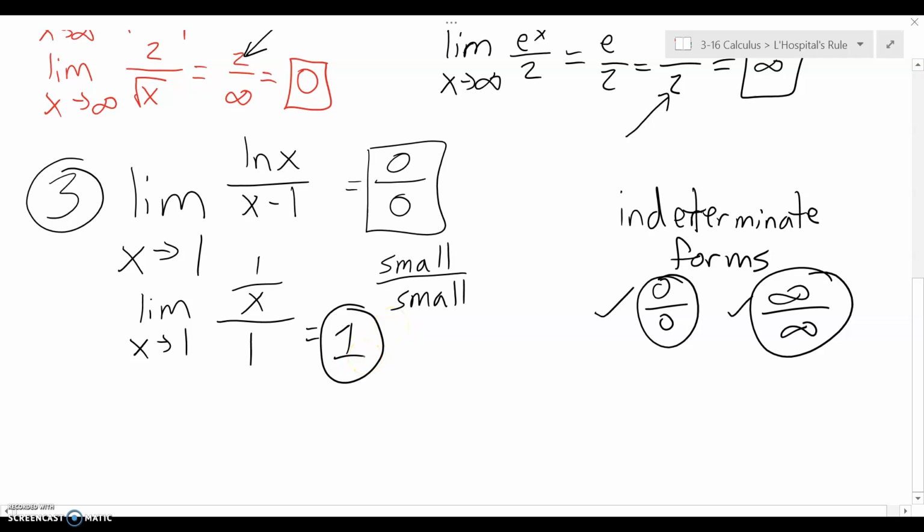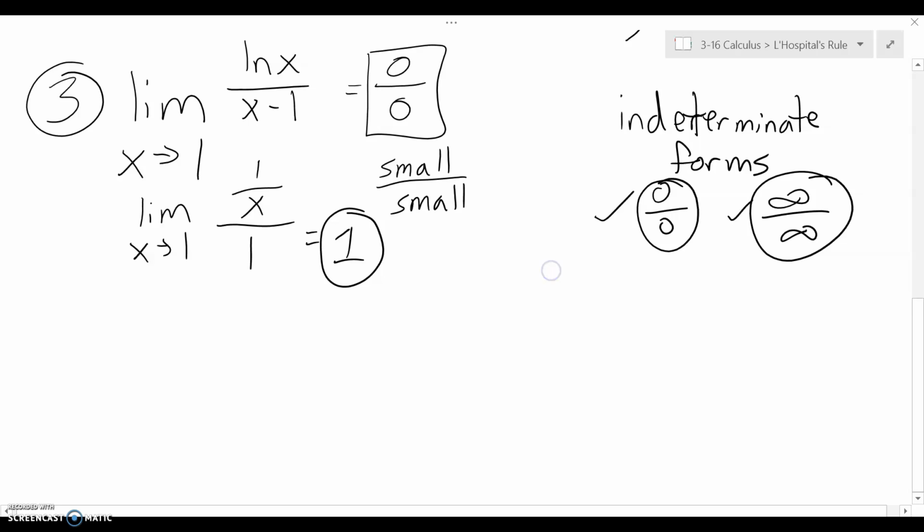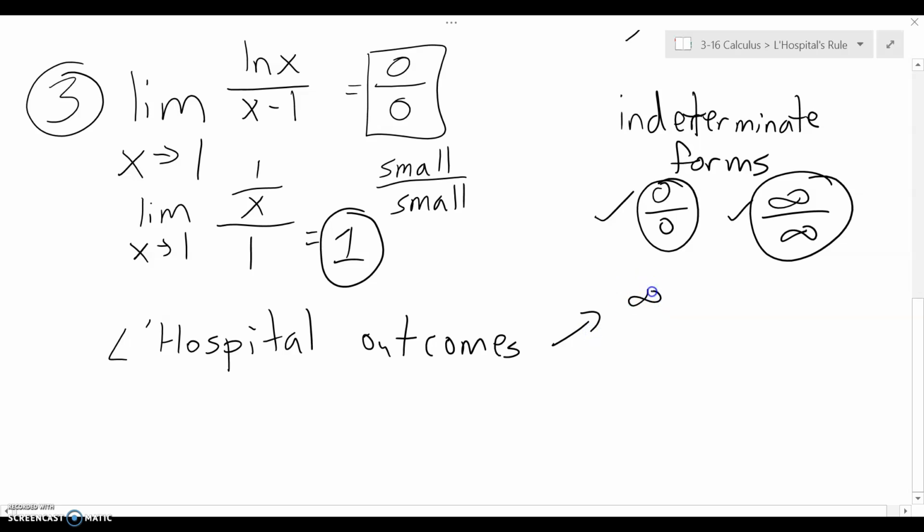So you get 3 potential outcomes when you do an indeterminate form. So there are 3 potential L'Hopital outcomes when you apply his rule. You're either going to get infinity as your result, you'll get 0 as your result, or you'll get some number where the top and the bottom actually have a relationship locked in with each other.